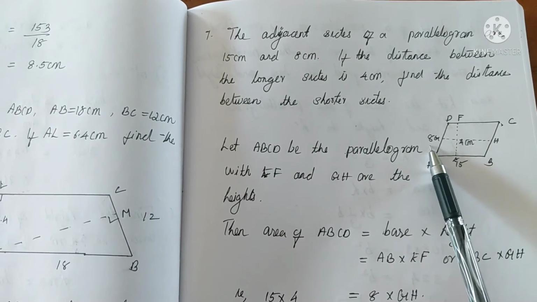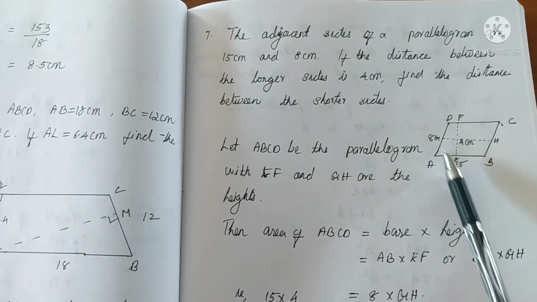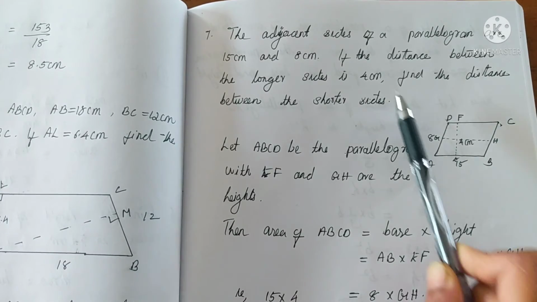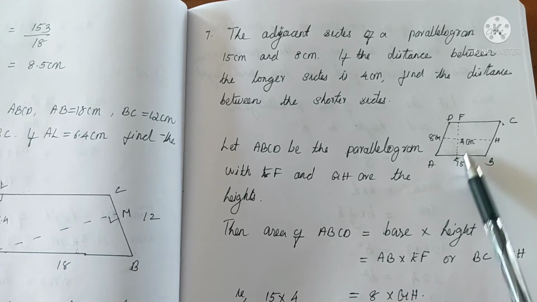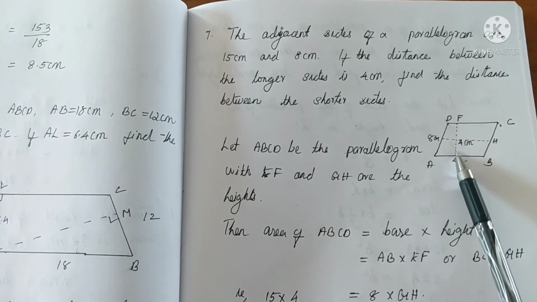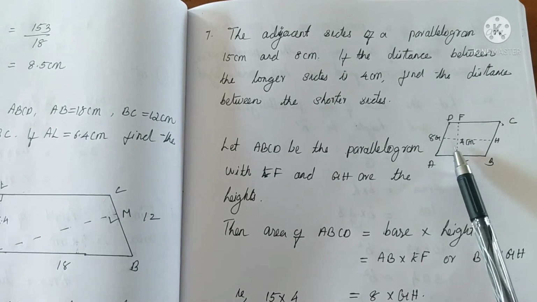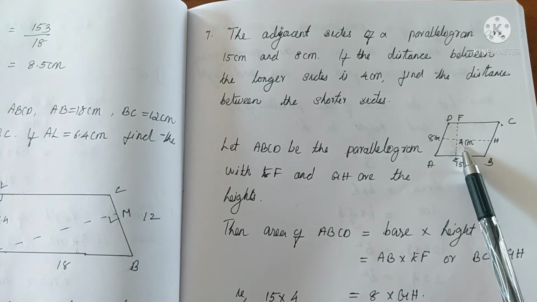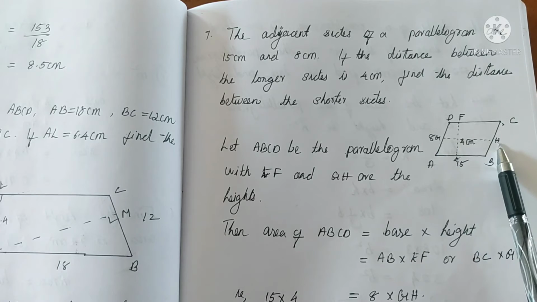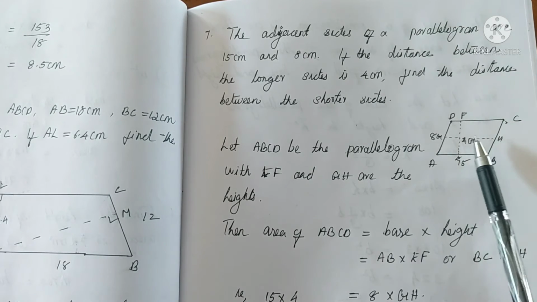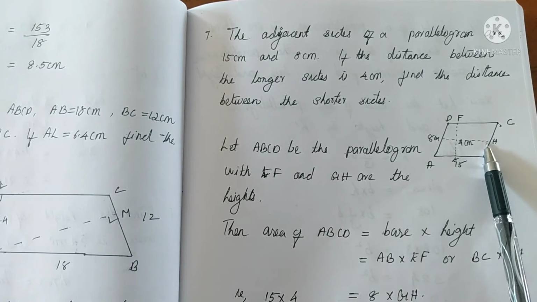This AD I have taken as 8 centimeter. Okay, these are adjacent sides. Now the distance between the longer side is 4 centimeter. So EF I have taken as the distance between AB and DC. So EF is 4 centimeter. Then GH is the distance between shorter sides. We have to find this distance GH.